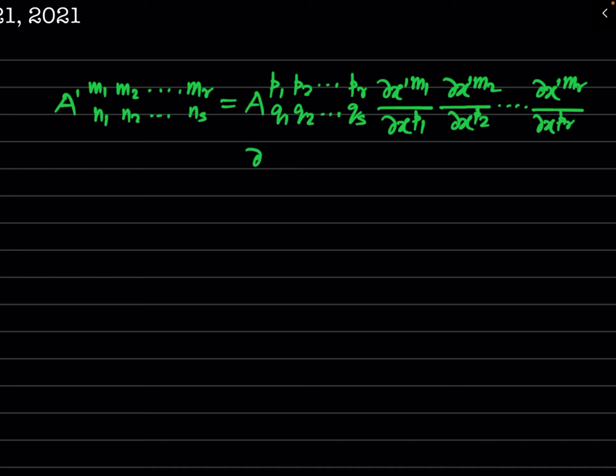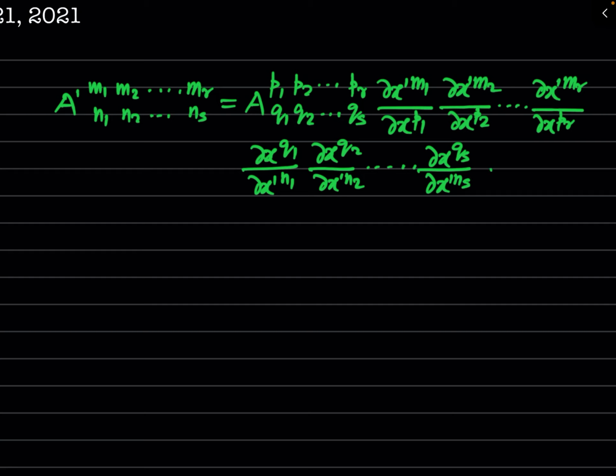Now for the covariant indices we should write here del x q1 over del x prime n1. You can remember del x q2 over del x prime n2, so on. Del x qs over del x prime ns.